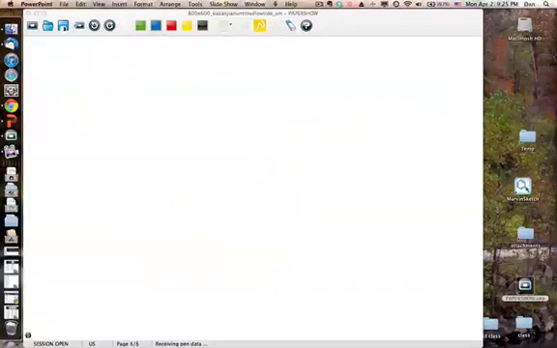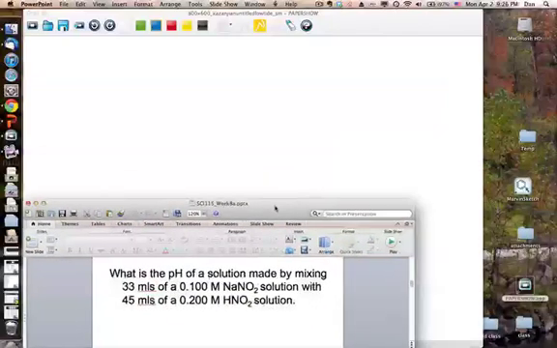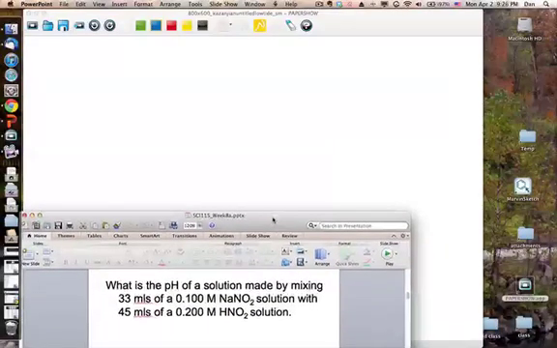All right, so let's put it into action. Let's take a look at a typical problem. What is the pH of a solution made by mixing 33 mL of a 0.1 molar sodium nitrite with 45 mL of a 0.2 molar nitrous acid solution? We can tell that this is a buffer problem because we have the weak acid and its conjugate base.